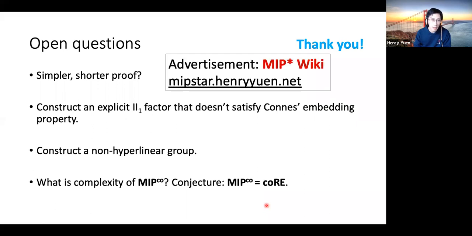And finally, I just wanted to make a quick advertisement. I've set up an MIP star wiki page, intended to be a resource for people who are interested in understanding our work. I know there have been a bunch of reading groups at different places, so this is sort of trying to be a central place to connect different people together and provide links to videos of different talks and notes.